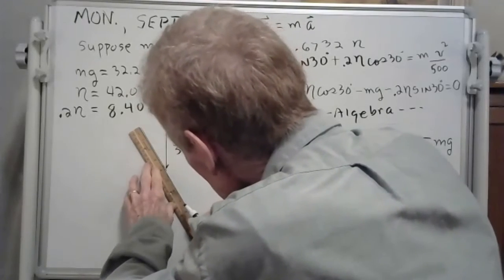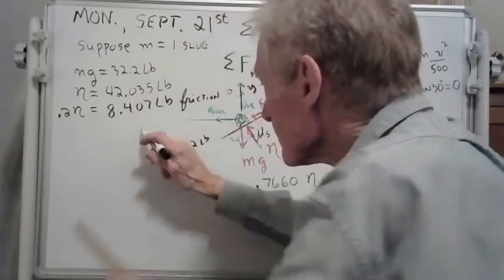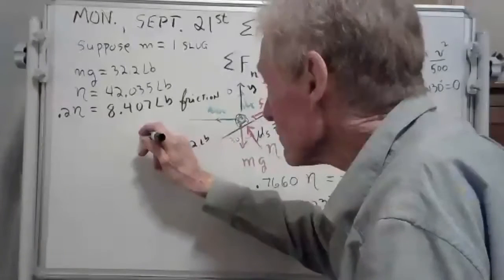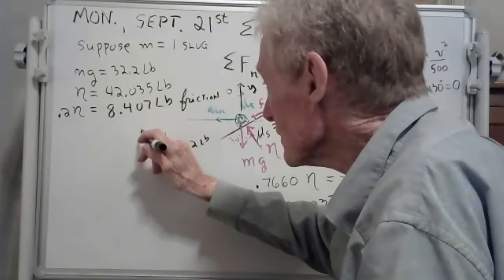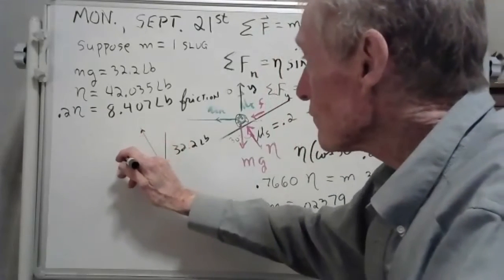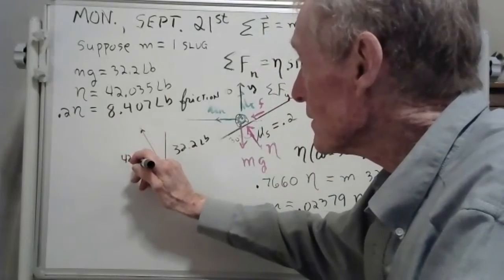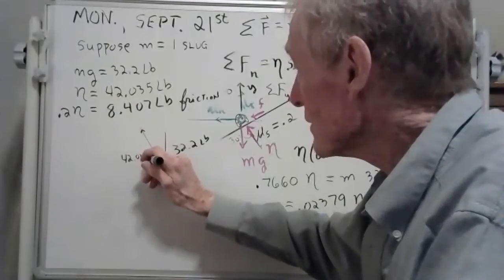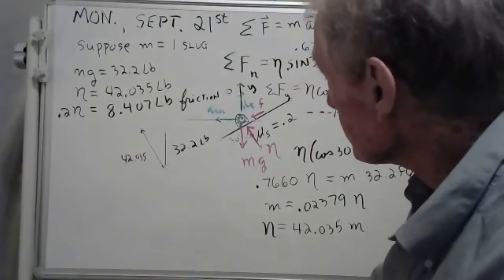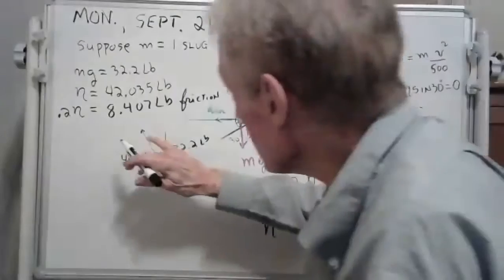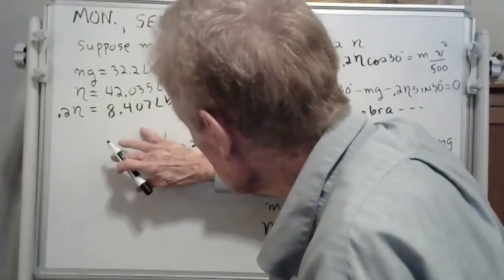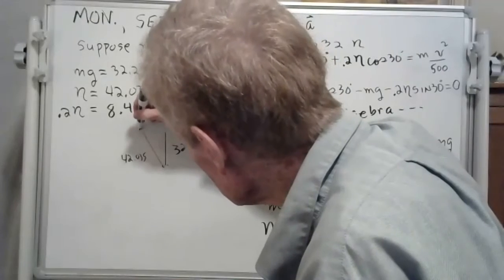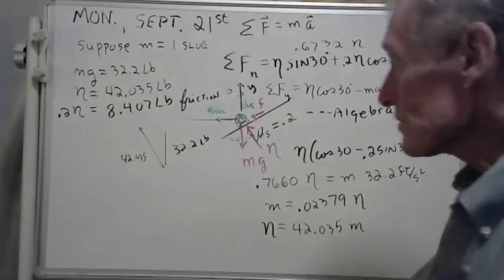I tried to draw that normal. I tried to draw it 42.035 to scale. Oops. There we go. Now we have a frictional force.